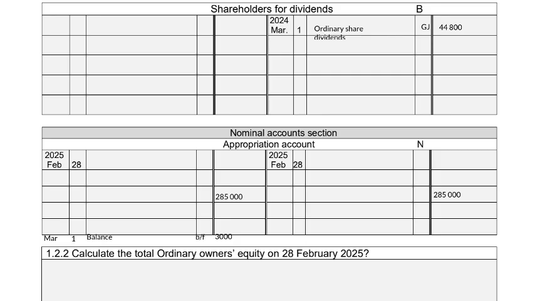So on the debit side, 2024 March, the 6th, we are going to write bank. And that will go to our cash payments journal because we're making a payment.